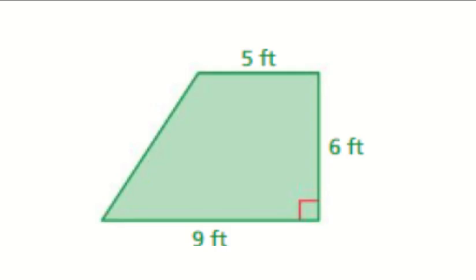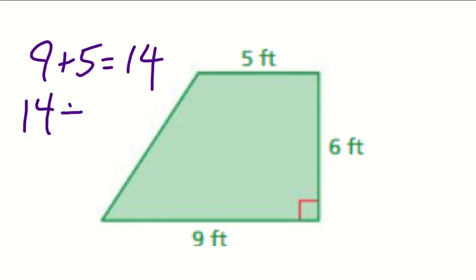All right, this one's not on your sheet. Which ones are my bases? Yeah, just call it out. 5 and 9, 9 and 5, order don't really matter, right? So we add first, right? So 9 plus 5 is? Now what? All right, we divide by 2. And now?